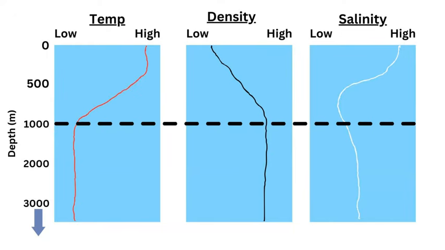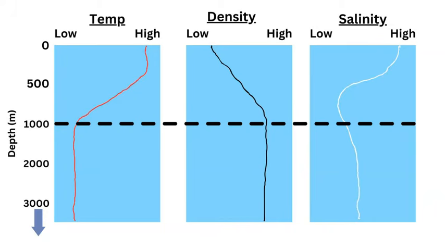Now, for the vertical column of water, density does change, so you have lower density towards the surface. But then as you increase in depth, just like with the salinity and the temperature, you get this sharp change in density, which increases to around 1.028 grams per centimeter cubed, and then it becomes more consistent from 1,000 meters down to about 4,000, where it stays at that 1.028 grams per centimeter cubed all the way down.